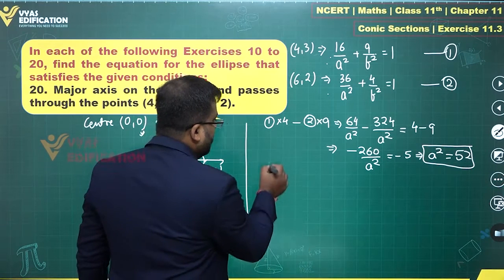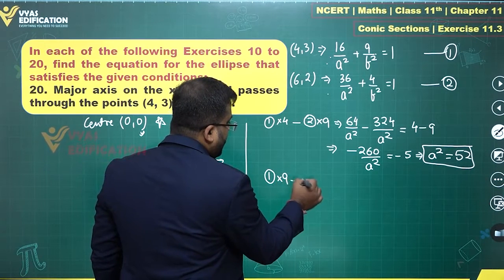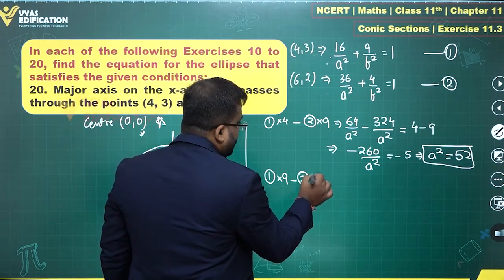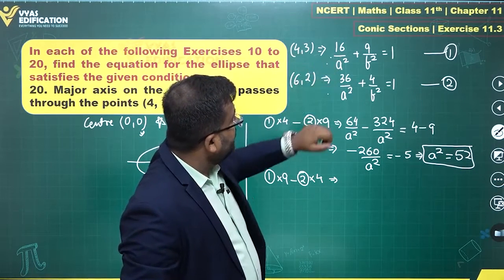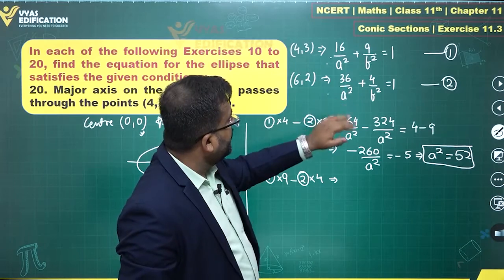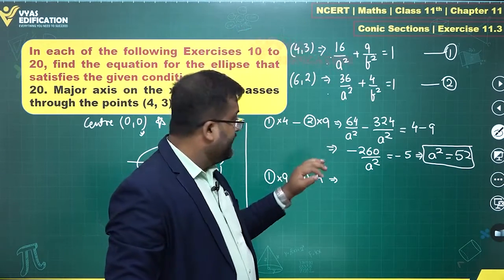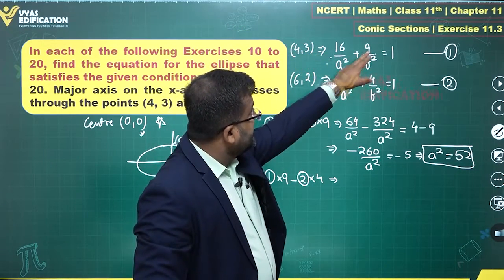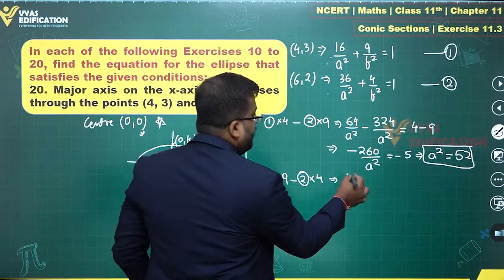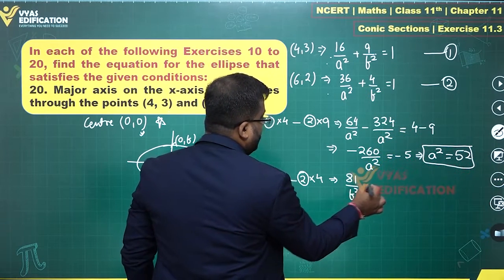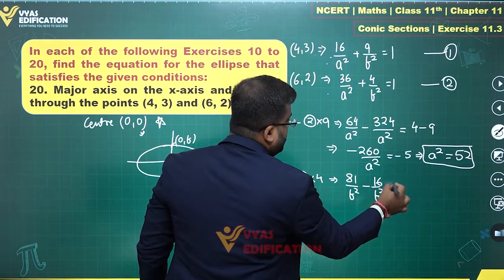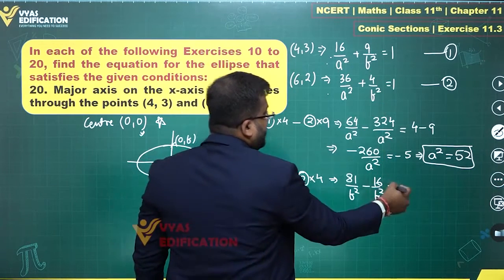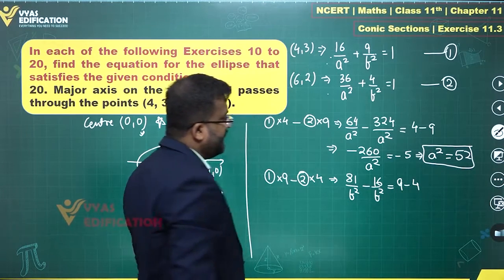Okay, so equation 1 multiplied by 9 minus equation 2 multiplied by 4 gives me 16 times 9 is 144, 36 times 4 is 144, this will get cancelled. 1 times 9, this is 81 upon b square minus 4 times 4, 16 upon b square is equal to 9 minus 4. Okay, this is 5.